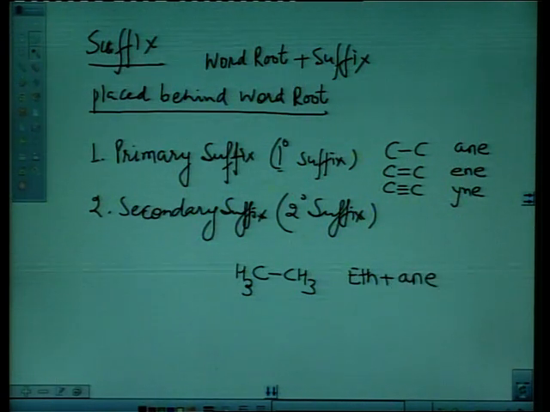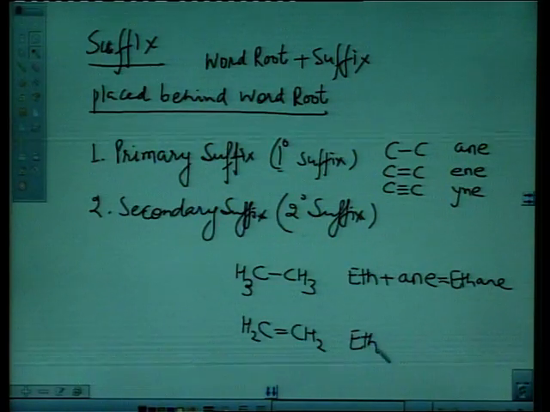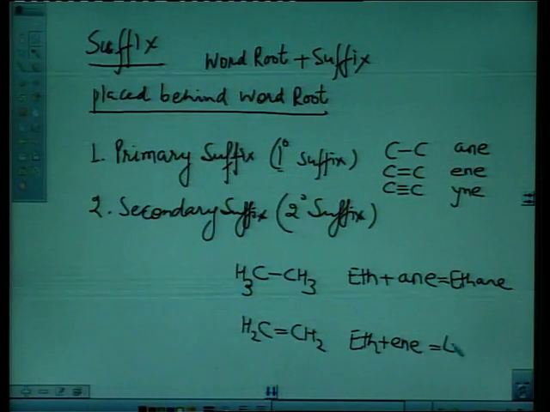So, the name is ethane. If I write this compound, the word root is eth for 2 carbon and primary suffix is "-ene", that is ethene, because there is a double bond.